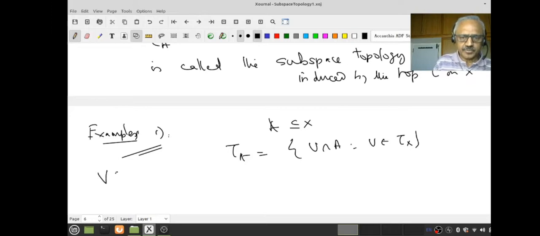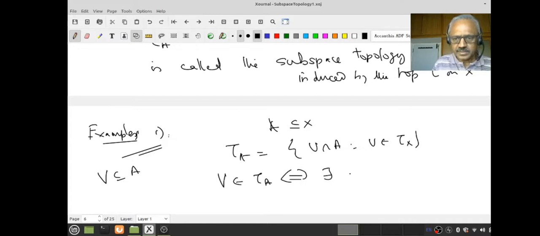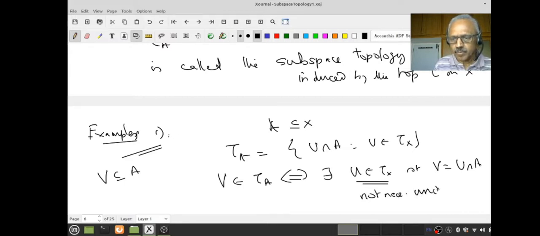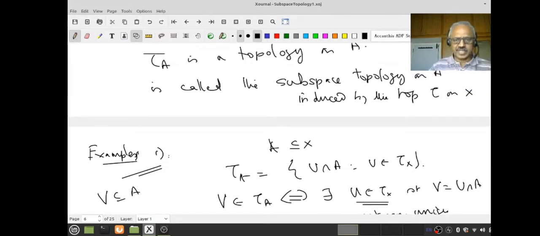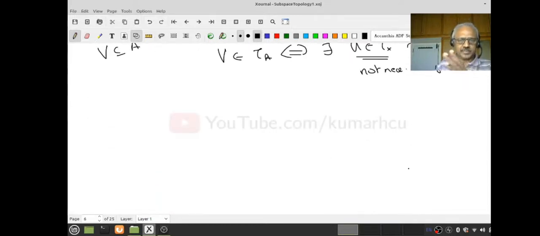Therefore, when you give us V a subset of A, when does V belong to tau_A? If and only if there exists U in tau_X so that V is of the form U intersection A. And is this unique? No, not necessarily unique. Okay, this is a summary of what you have done. So let us look at some examples.